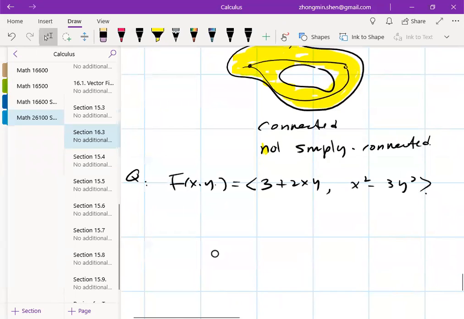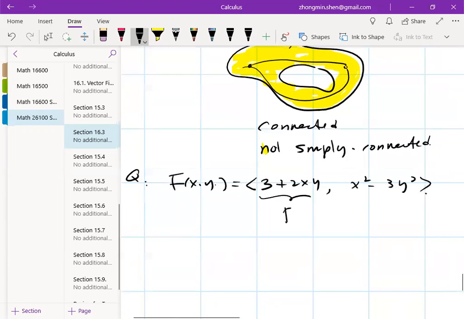So this is a vector field. Now, how do you check whether this is conservative or not? Of course, you can say, let's go ahead and find f, and if I cannot find it and get a contradiction somewhere, then it's not conservative. But the quick way is to just check.